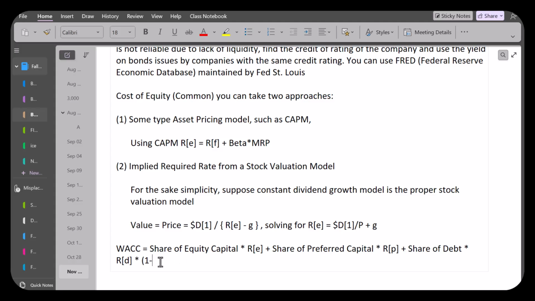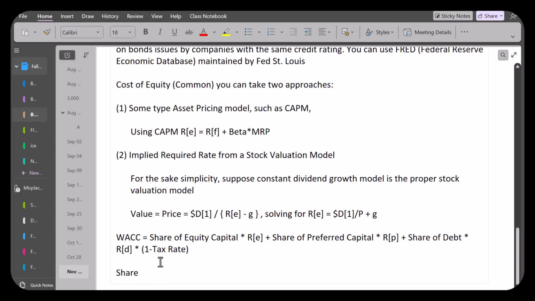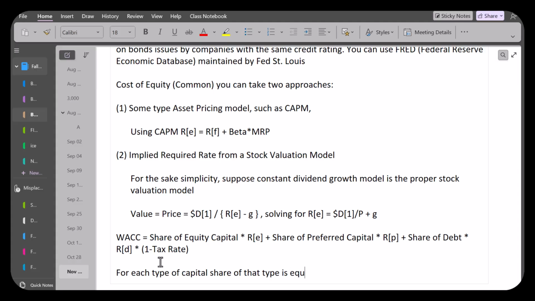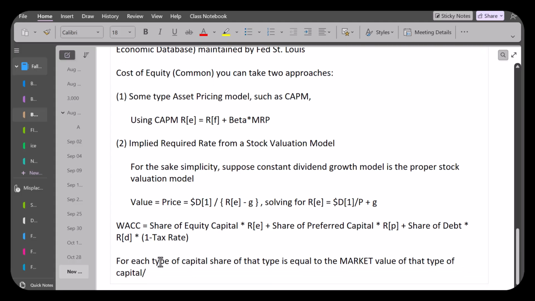And for each type of capital, share of that type is equal to the market value of that type of capital divided by the sum of the market values of all types.